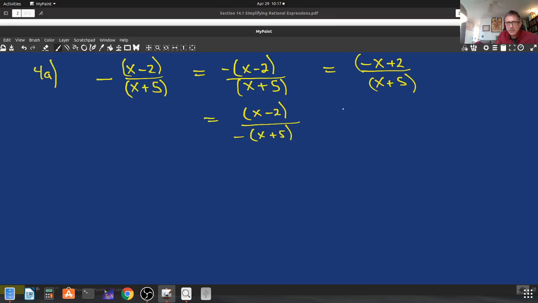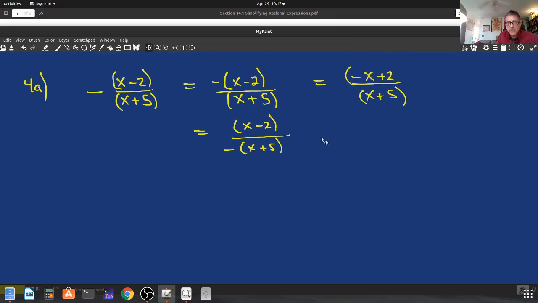And normally, that's perfectly fine, but normally it would be written as 2 minus x over x plus 5, and you've got to remember those are to be taken as a whole.